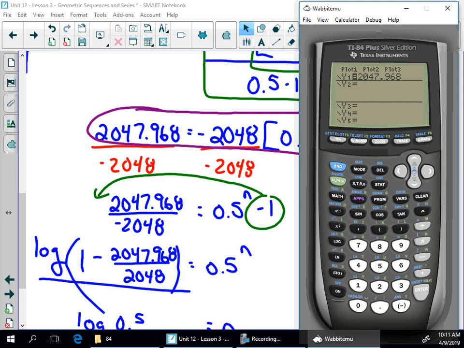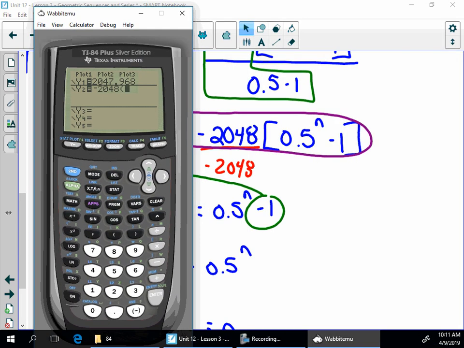Y2, I'll clear that one out. I've got negative 2048 bracket, 0.5 to the power of x over minus 1 bracket.